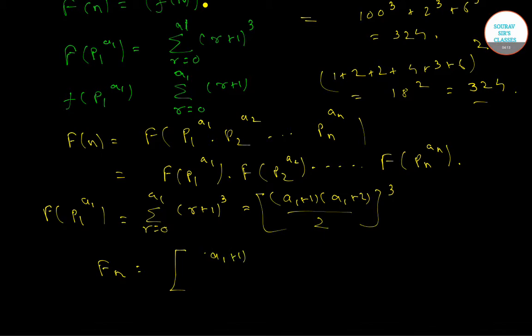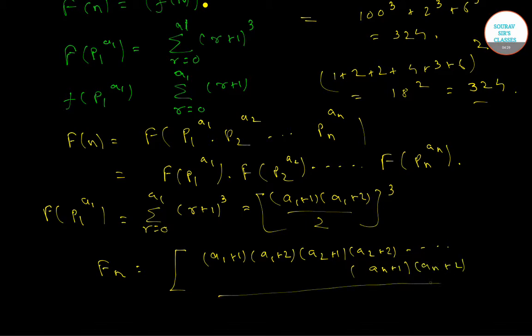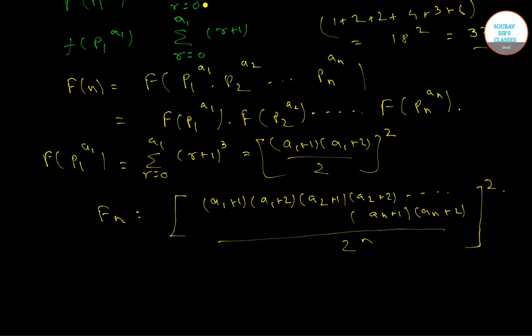(a1 plus 1) into (a1 plus 2) into (a2 plus 1) into (a2 plus 2), and so on till (an plus 1) into (an plus 2), divided by 2 raised to the power n, whole square.